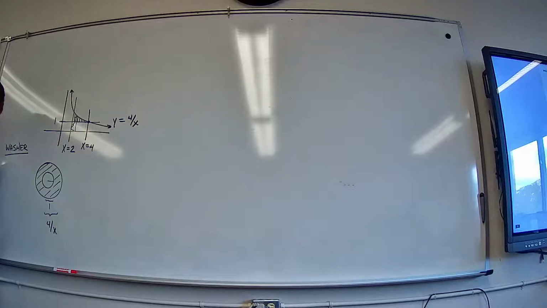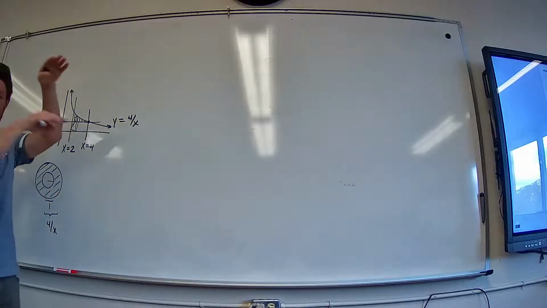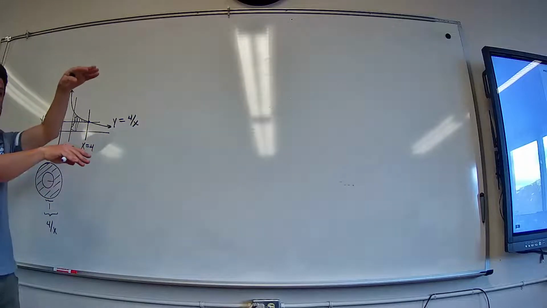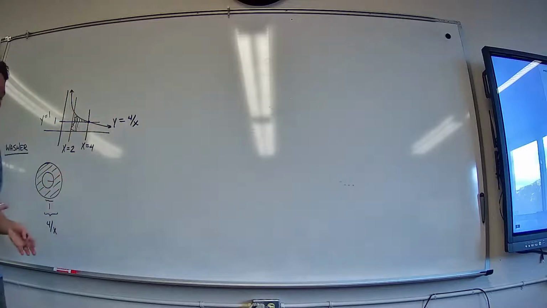Does that make sense? Why is it 1? Because the distance from here to here is always 1, because this curve is y equals 1. If there's a top function and a bottom function, the top function is the outer radius and the bottom function is the smaller radius. That's all you got to remember.